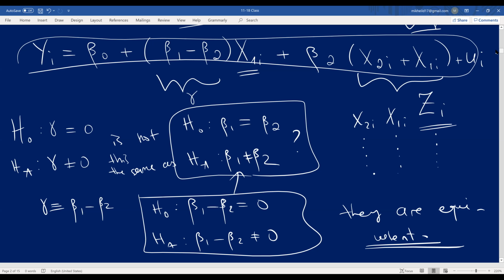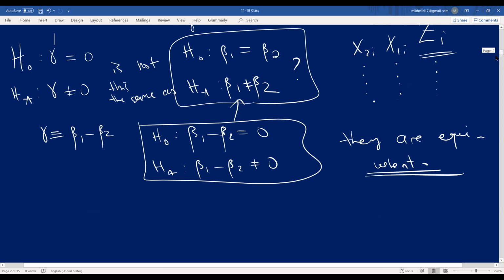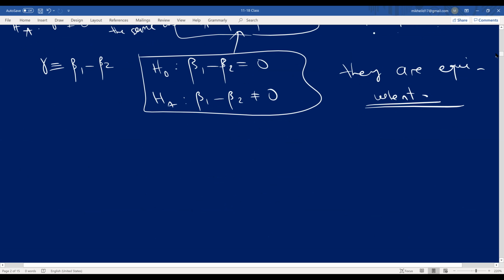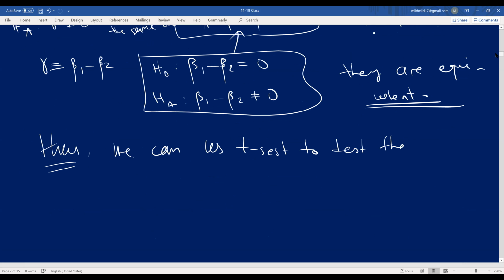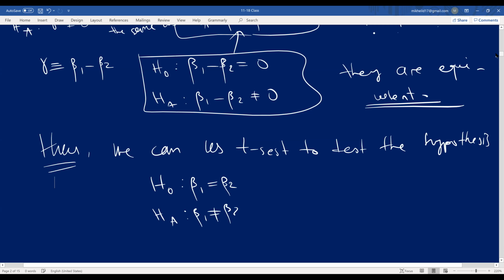Okay, so this is how, and then in this case, plus, we can use simply what we call the t-test to test the hypothesis that H null beta 1, that's it.